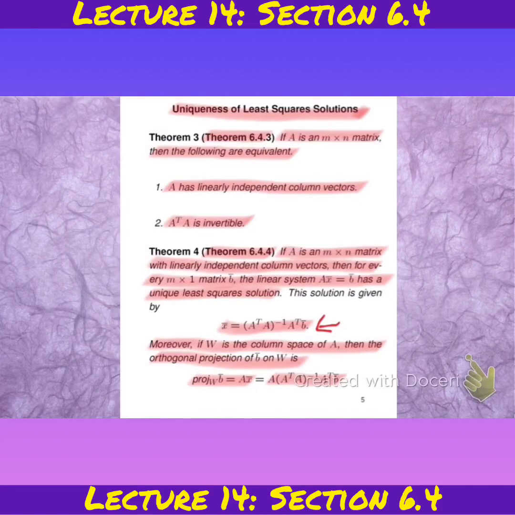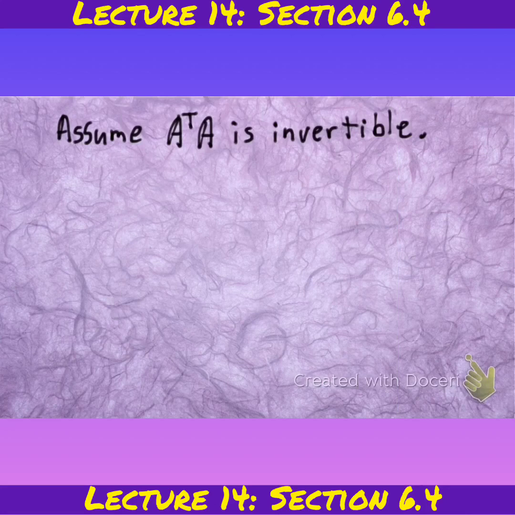Okay, now going back, we just need to quickly show that if the transpose of A times A is invertible, then it is going to imply that A has linearly independent column vectors. So let's assume that matrix is invertible. What do we need to prove?